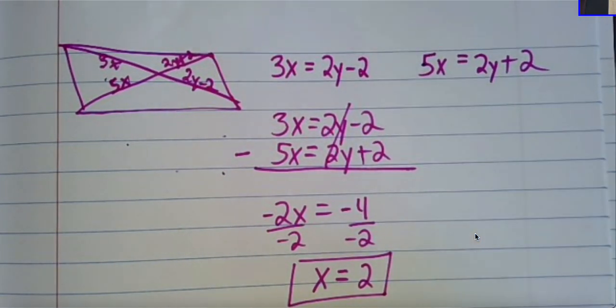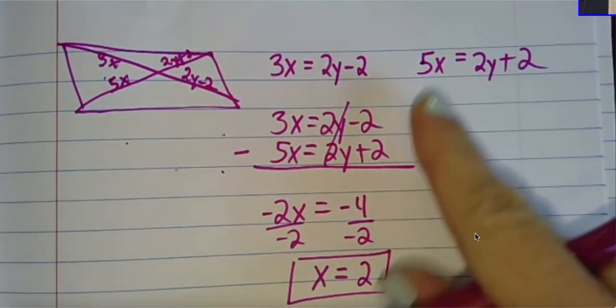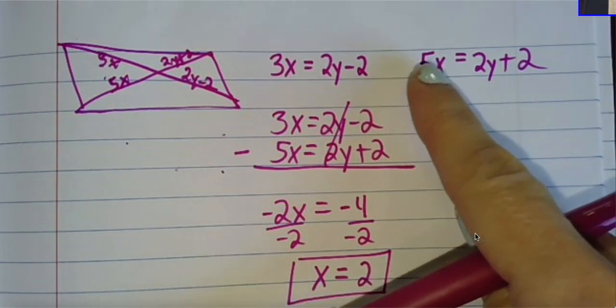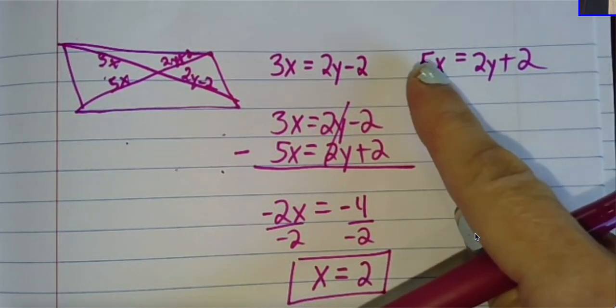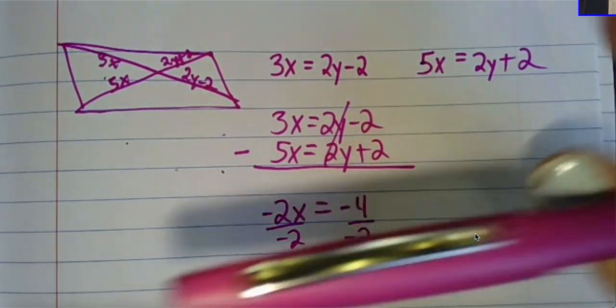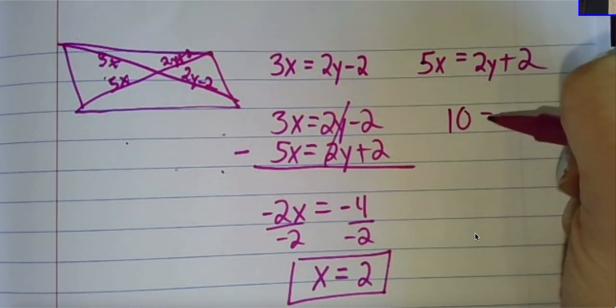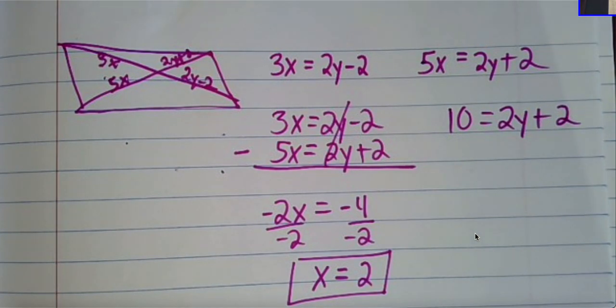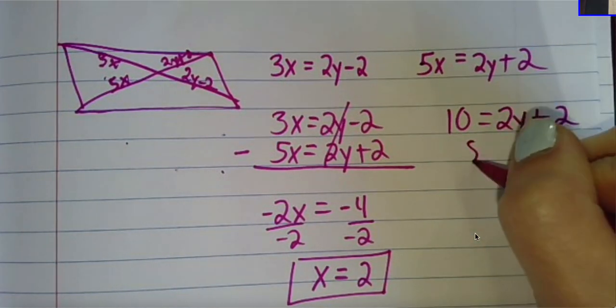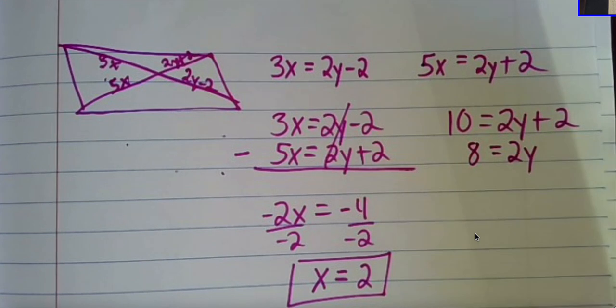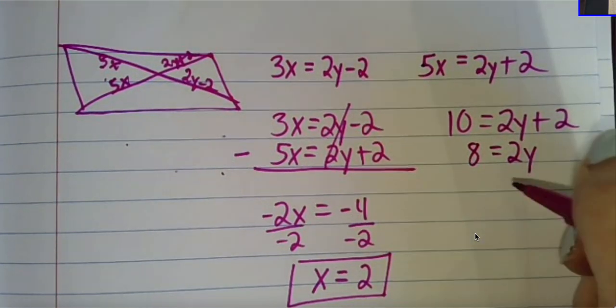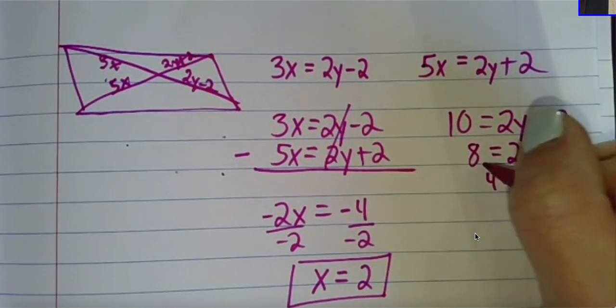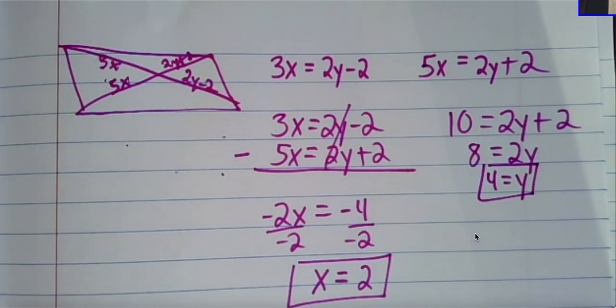Instead of 5 times x, I write 10, because 5 times 2 is 10, equals 2y plus 2. Subtract 2, I get 8 is 2y. Divide by 2, and I get that y is 4. So see, we're having to put these equations together and solve.